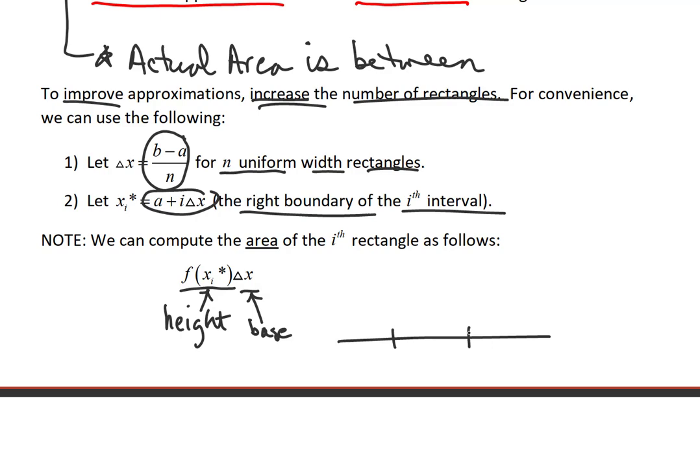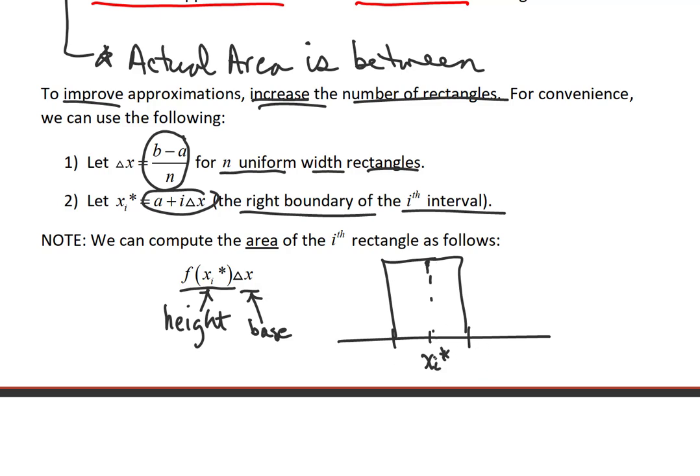We had some interval, and x sub i star is going to be some x value within that interval. Could be in the middle of it, could be left or right sides of it, doesn't really matter. But when you say f of that value, that's going to give you some kind of height, and we're going to use that height to make a rectangle. And of course, the base of that rectangle is the delta x.